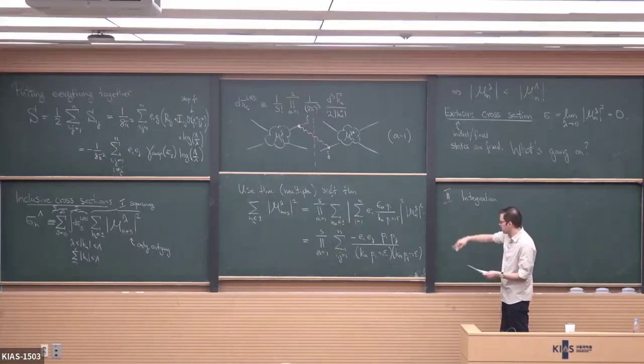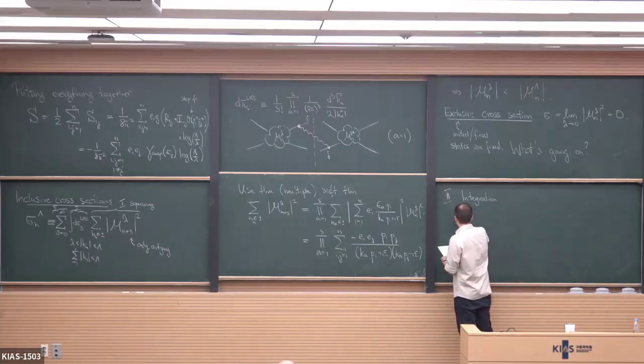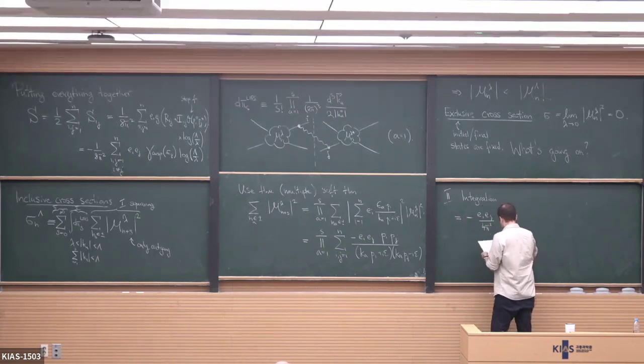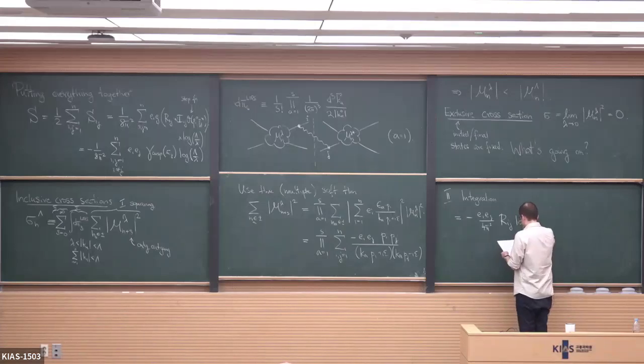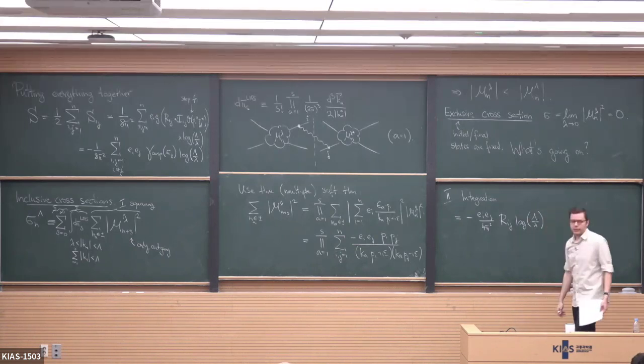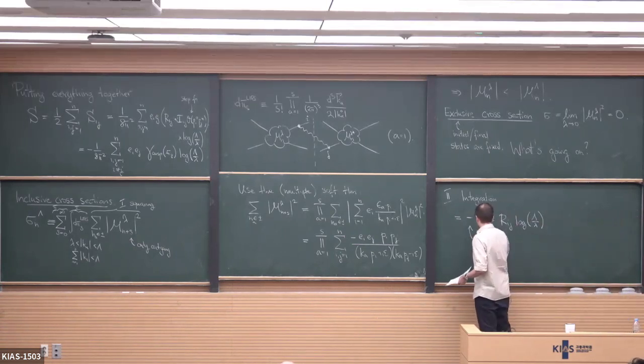If you integrate this, you're going to get a factor equal to minus e_i e_j divided by 4 pi squared, the real part, times this. And that's exactly what we've seen. It's no longer on the board, but this is exactly what we've seen in the case of the virtual radiation. The only difference is the sign.